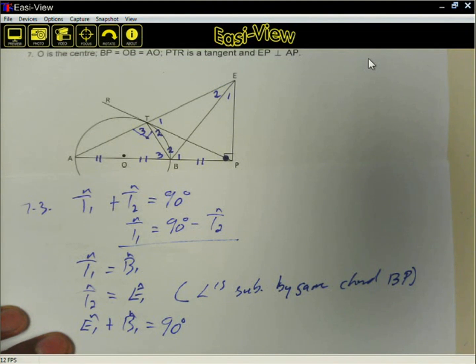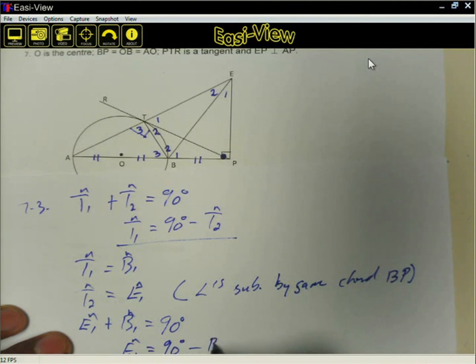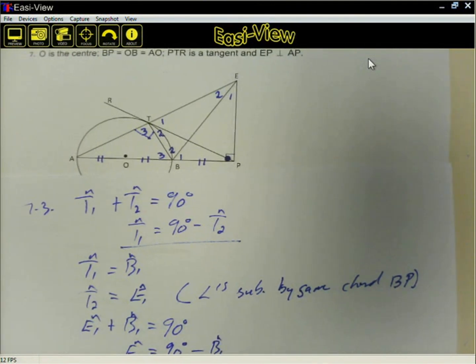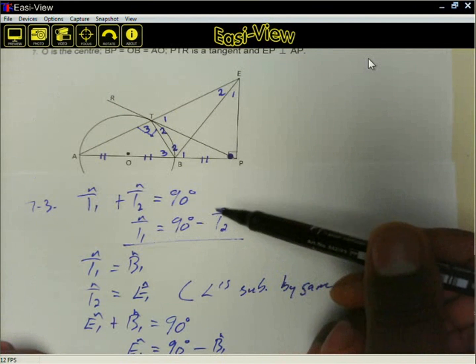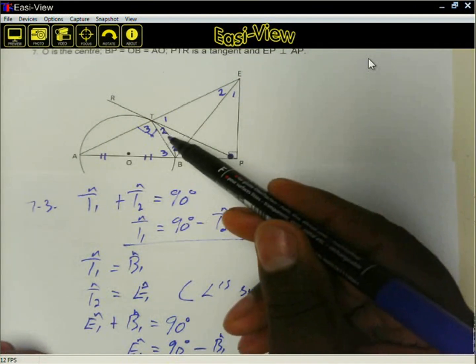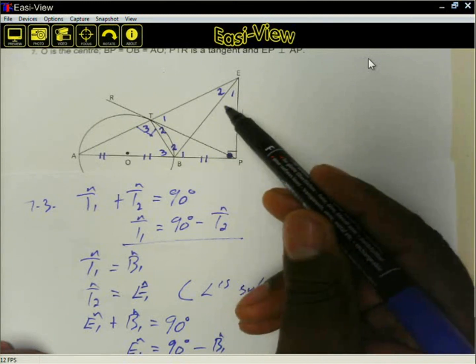Let me make E1 the subject of the formula. E1 is also equal to 90 degrees minus B1. Check the two statements. T1 is 90 degrees minus T2. Remember, T2 is equal to E1.